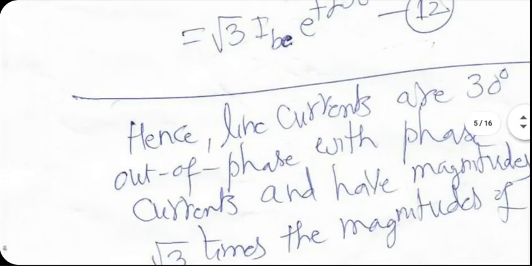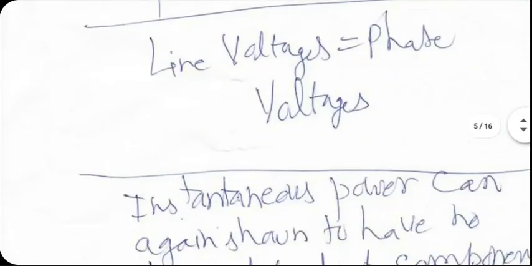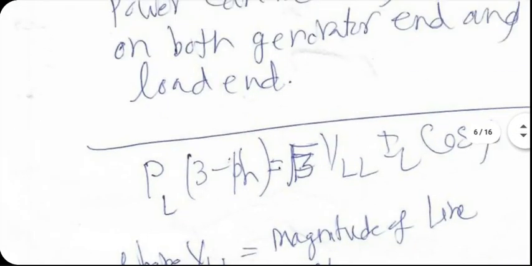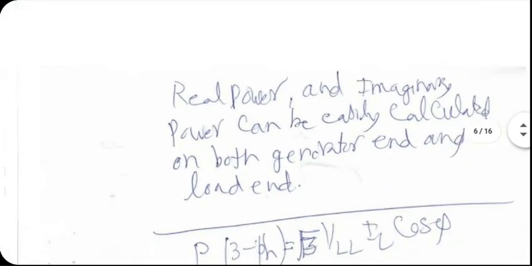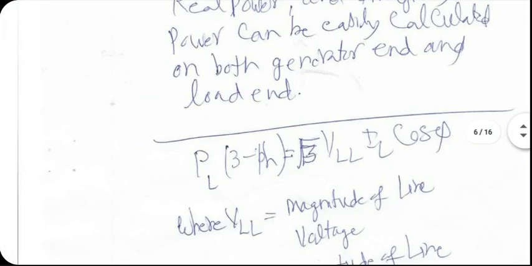The line currents are up by a factor of square root of 3 compared to phase currents. The total complex power can be calculated after that, as usual. It turns out to be the same. I've not done the detailed calculation, but the formula turns out to be the same as it was for star-star connection in terms of line voltage and line currents.